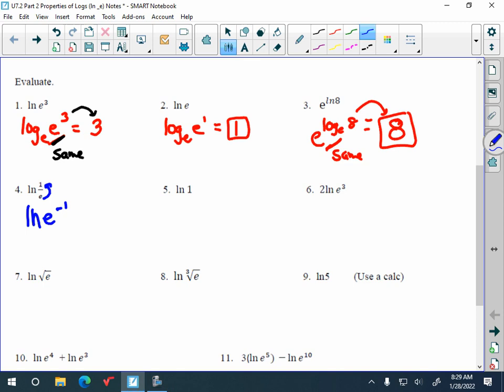If it's a positive 1 in the denominator, then if we move it up to the top, it changes to a negative 1. Now, ln e to the negative 1 simplifies to negative 1. All right, number 5, ln 1. Good, 0.